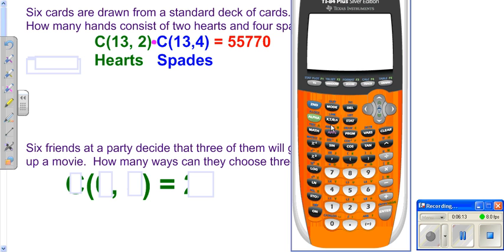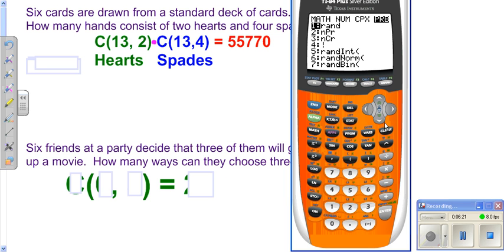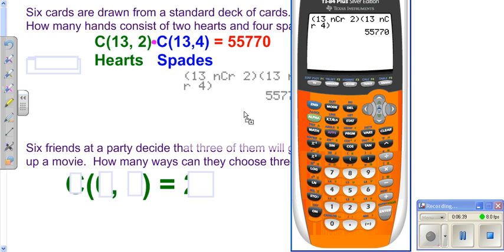To have your calculator work this out, we'd have to go 13 in parentheses. Then we would go math, arrow over to prob, down to combinations. Then we would go 2, and then we'd have to do the next one. And so we would get that answer.